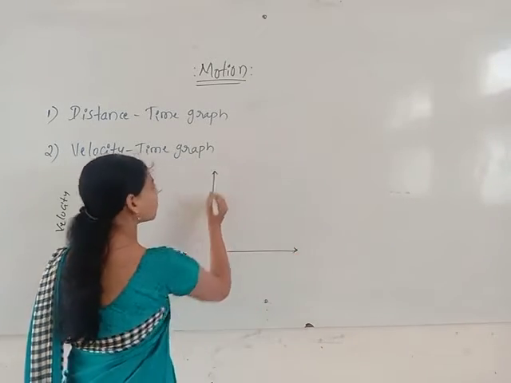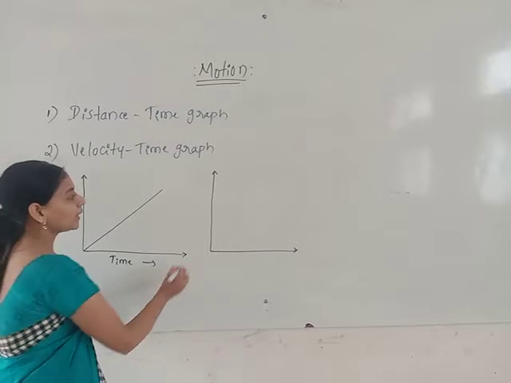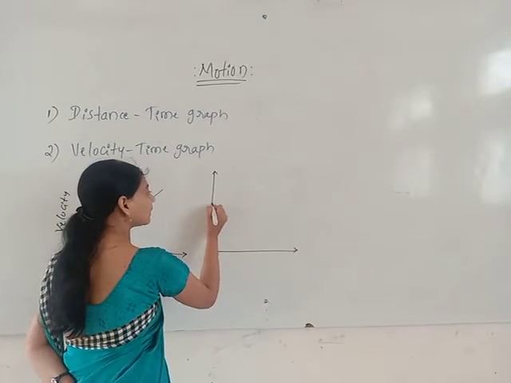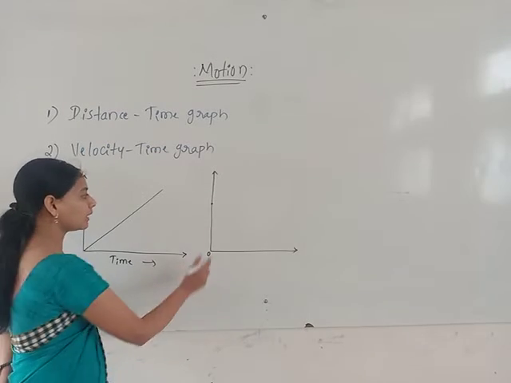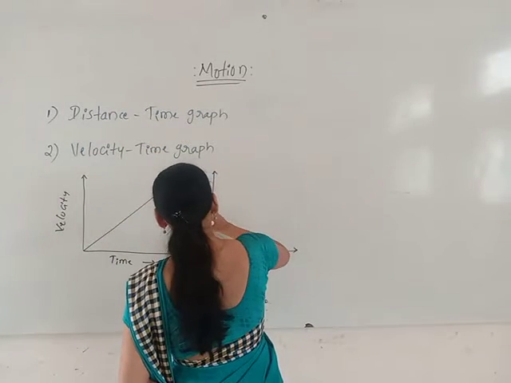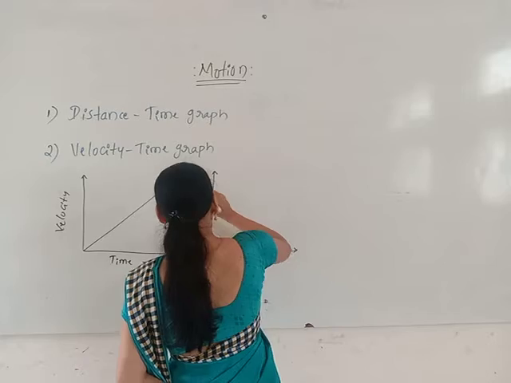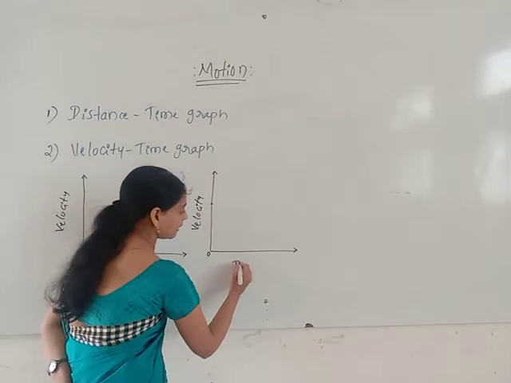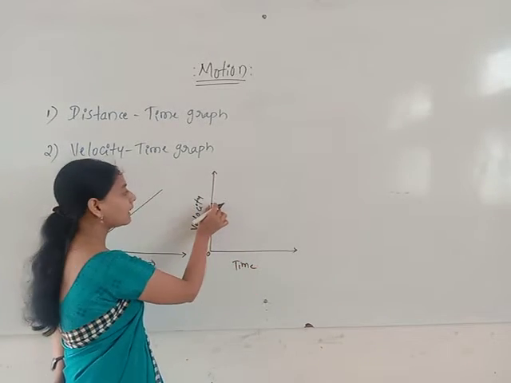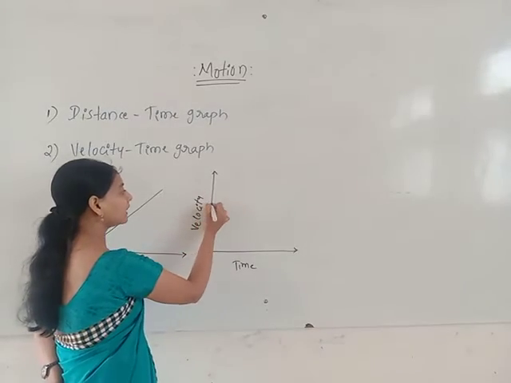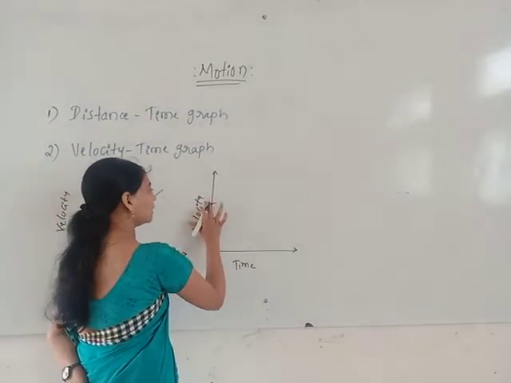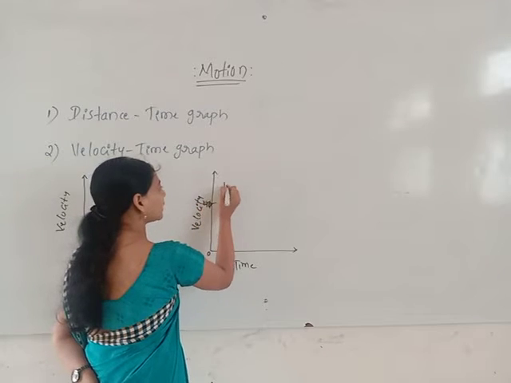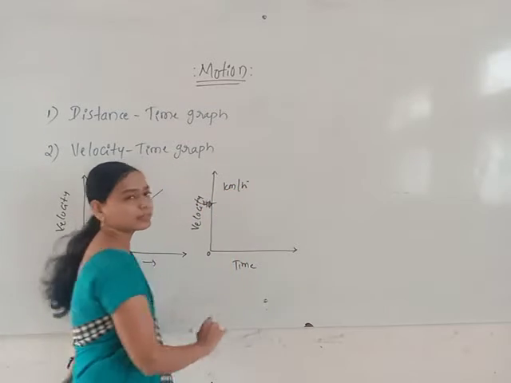And another graph we also discussed. If a car is in motion at constant velocity, with the origin as O, here velocity, and here time, if we take it as 40 kilometers per hour.